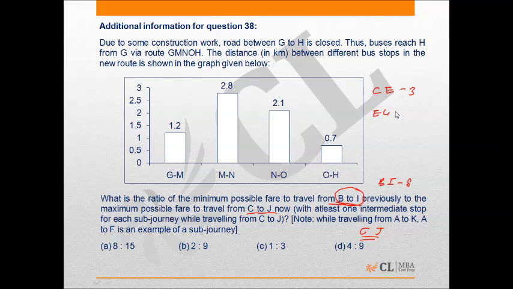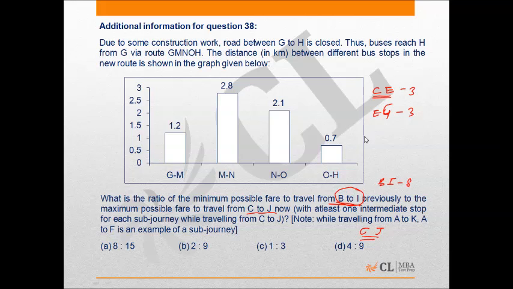E to G again rupees 3, and we can also check whether there is at least one intermediate stop for each sub journey while traveling from C to G or not. It is because there is an intermediate stop D between C and E and F between E and G.